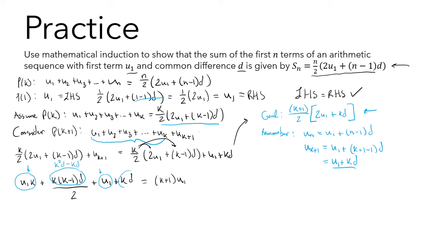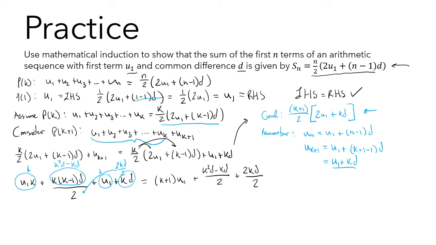And also this right here, kd, is actually the same as 2kd over 2. The reason I did that is because I want the denominator here to match the denominator there. So we get (k plus 1) times u1 plus (k squared d minus kd) divided by 2 plus 2kd over 2. So you can see things are starting to form together here.